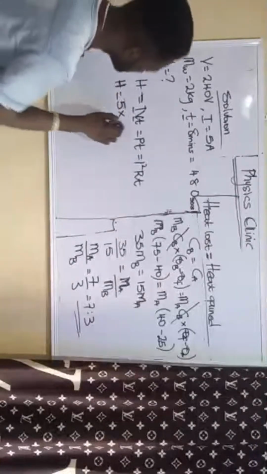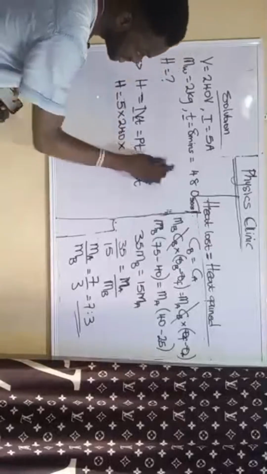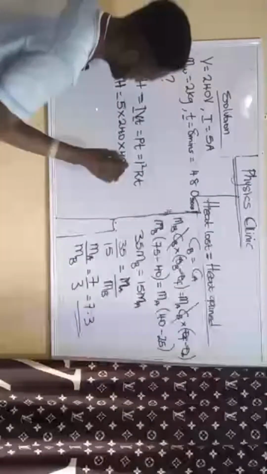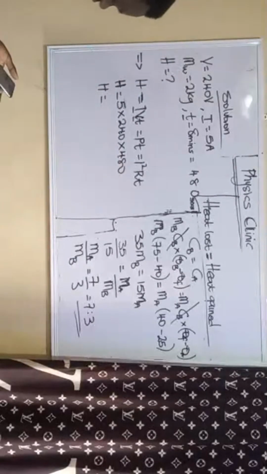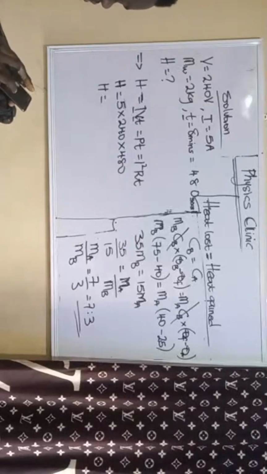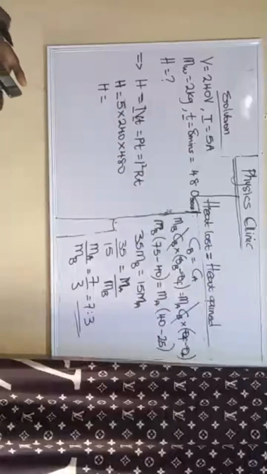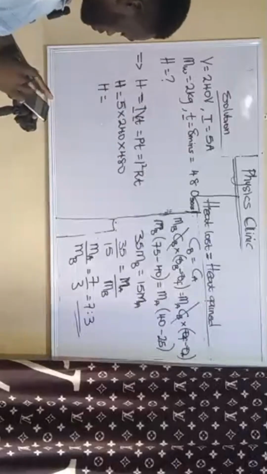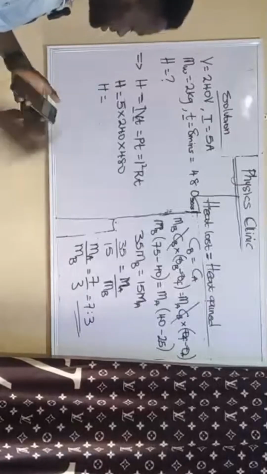5 times 240 times 480. So heat energy will be equal to, if you have your calculators, let's do some punching. 5 times 240 times 480.